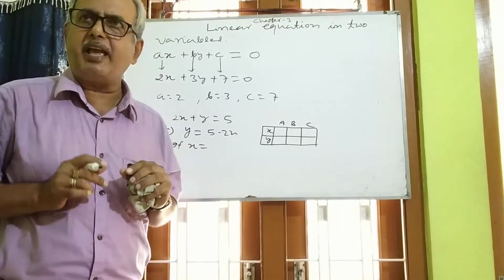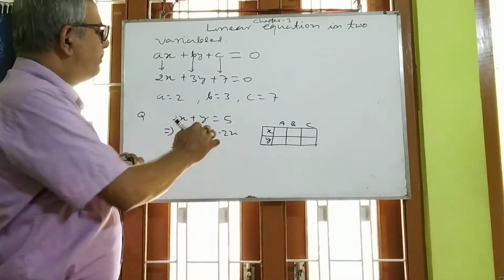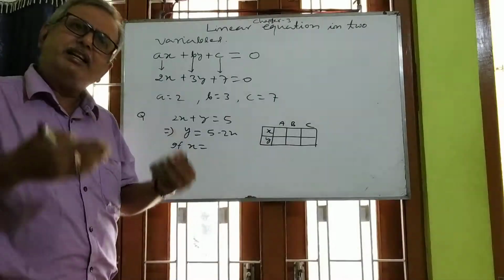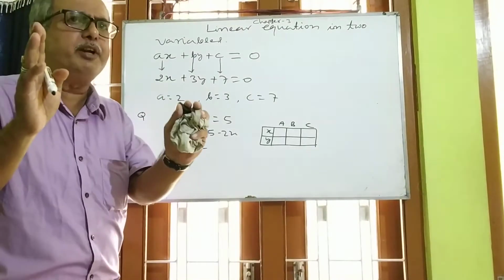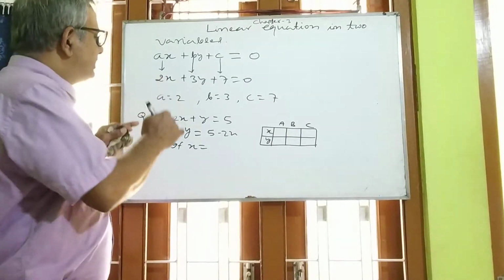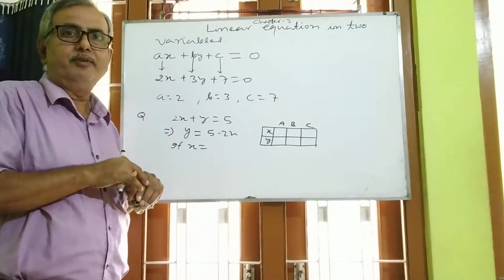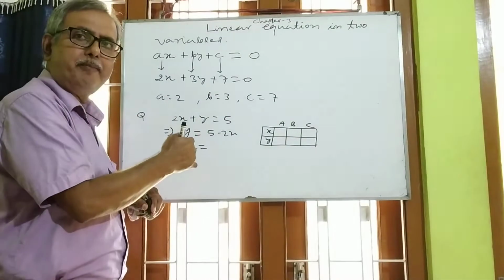What is the reason behind it? Do you understand? Value of x, you are free to take whatever you like. Some real number you take. But the value of y will depend on what? X. So you may write here.